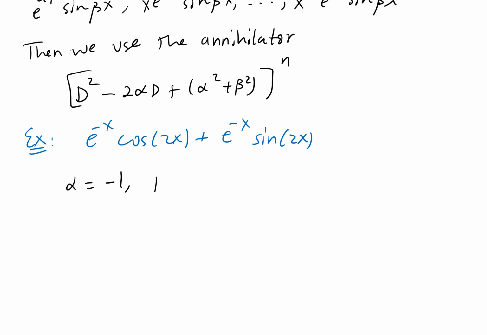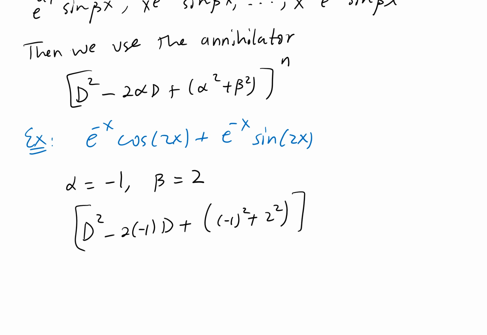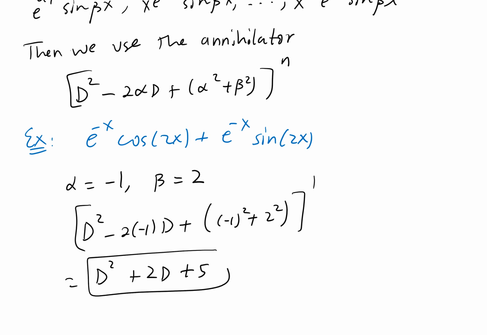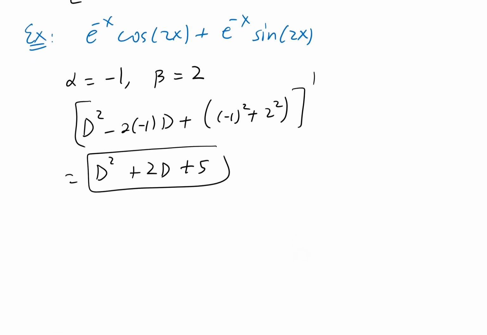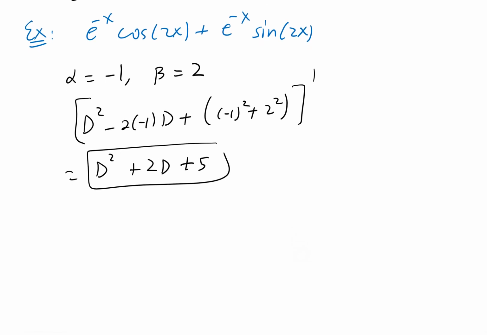Alpha is negative 1 and beta is 2. So then we use d squared minus 2, alpha is negative 1, d, plus negative 1 squared plus 2 squared. There's no repetition here, so n is 1. So that gives me d squared plus 2d plus 5. So we use this to annihilate that expression in blue.